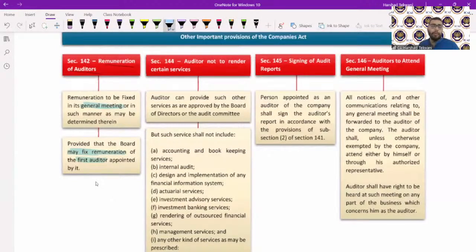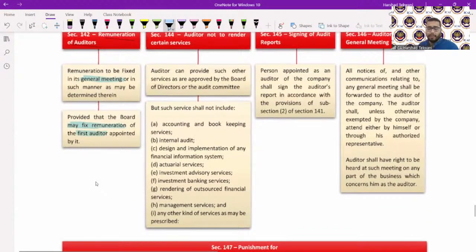Okay. Section 144. We have already seen this in the past, so just a summary discussion. What is 144? Auditor not to render certain services. For services that an auditor wants to render other than audit service, he needs to take approval from the board. However, there are certain services for which even approval cannot be taken. Which are these services?